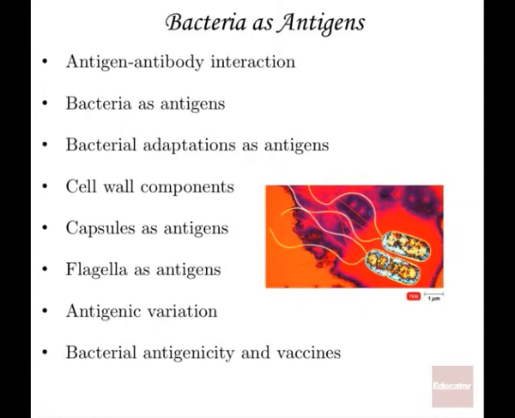And then we're going to talk about how, just within a species, we can observe and detect antigenic variation, and then how this variation is enabling us to develop vaccines.